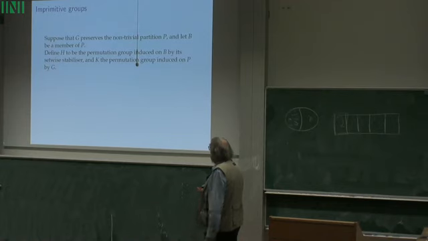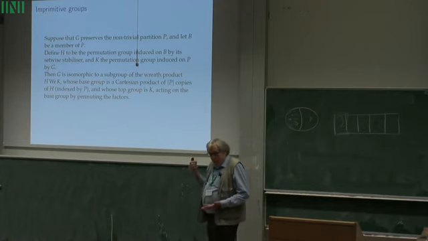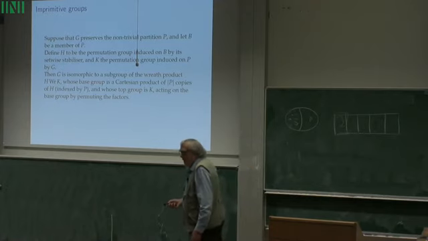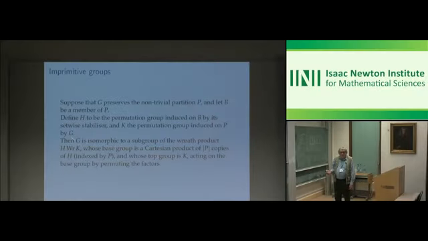And so can we reconstruct the whole group from that? Well, we're in the same situation as we were for intransitive groups. We've got these two, and so we get an embedding of G into, not this time the direct product, but the wreath product of those two groups, H being the group acting within a block, K the group permuting the set of blocks.